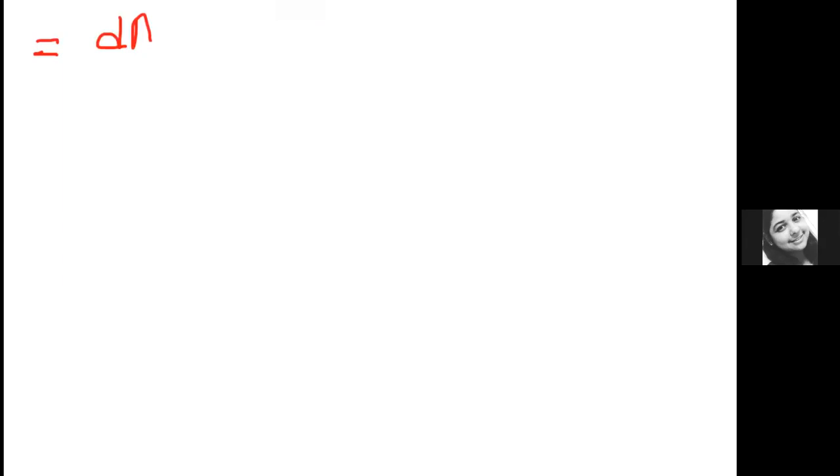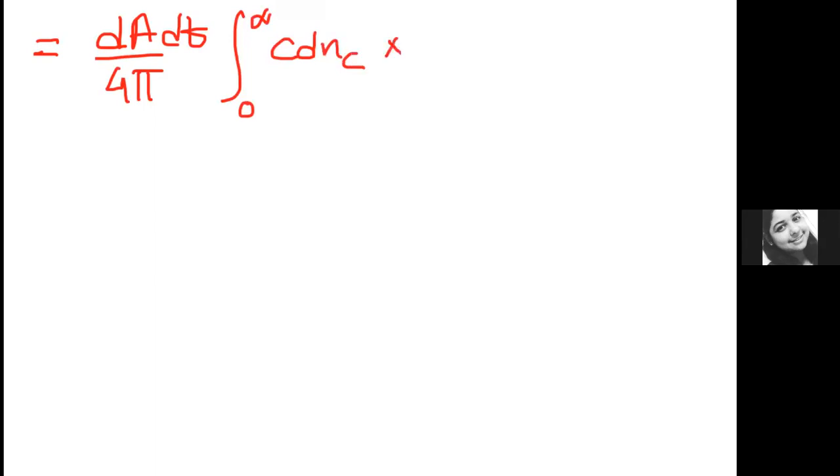So dA by 4 pi dt, you have 0 to infinity C, dN sub C, and the value of this respective integration is this, and from phi 0 to 2 pi you get the value 2 pi. For this calculation part, I have shown you in the previous video.